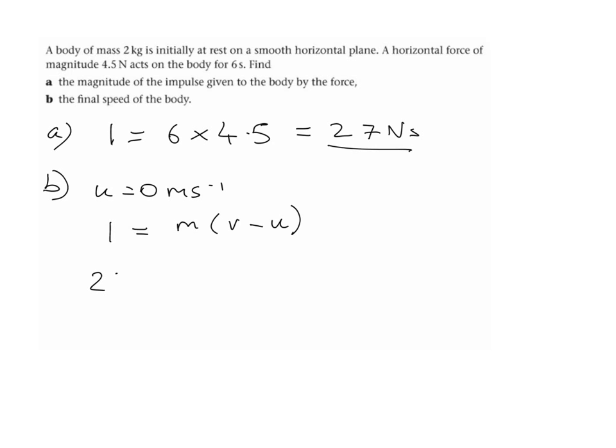We know the impulse is 27 Newton seconds because we've just worked it out. We know the mass is 2 kilograms. We want to know what the final velocity is, and we know that the initial velocity was 0 meters per second. So that just simplifies down to 2v. Therefore, the final velocity was 13.5 meters per second.